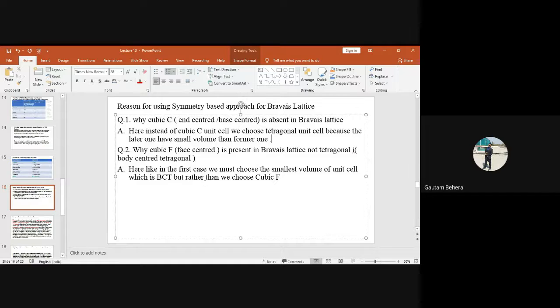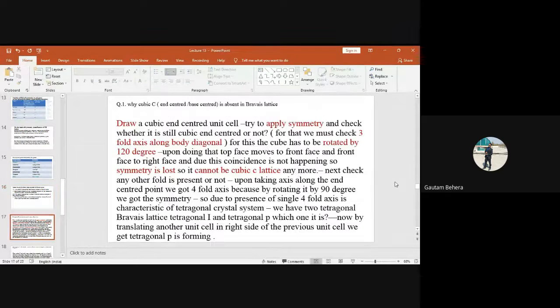But rather, we choose cubic F. So BCT has lower volume, but we are not choosing it. We are choosing a higher volume, that is cubic F. Why? Because of the highest symmetry present in cubic F. That's explained over here. So why cubic C, end centered or base centered, is absent in Bravais lattices? This is the answer.